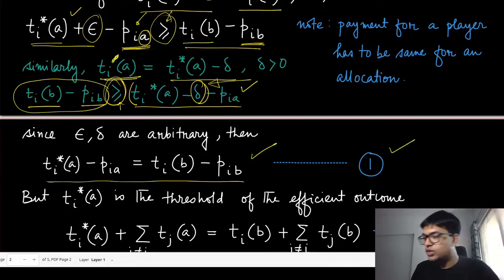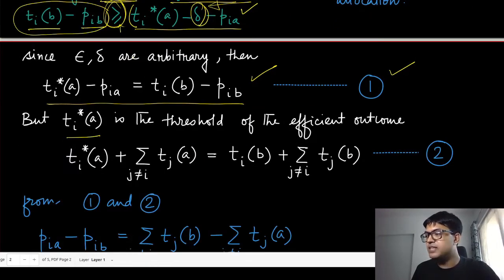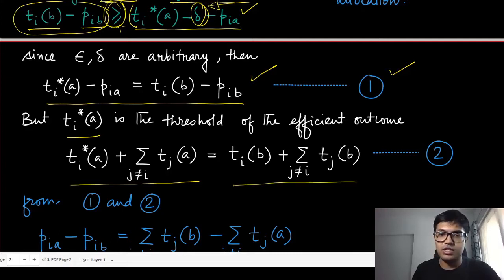We also know that Ti star is the threshold of the efficient outcome. So what does that mean? That means that this is that point where if you take the sum of all the agents' values at that outcome A, it must be exactly equal to the sum of the values of all the other agents.